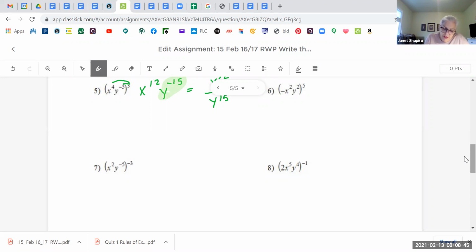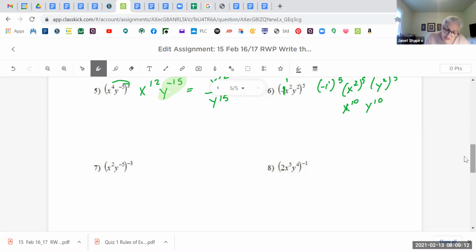This one, you got to remember there's a negative 1 there, and it's to the first power. So we have negative 1 to the 5th. We have x squared to the 5th, and we have y squared to the 5th. Right? The variables are the easy part. We get x to the 10th, y to the 10th. Okay.